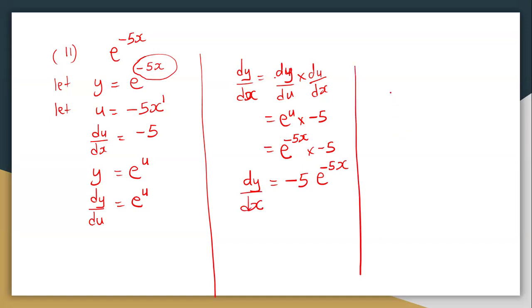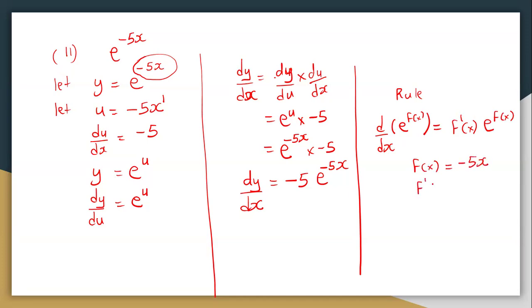But also remember from our general rule, we have said that whenever we have the derivative of any exponential function, let me say e^(f(x)), this is the same as having the derivative, then after you write the original function. So if I apply this, here our function f(x) is equal to -5x, meaning that your f'(x) will equal -5.